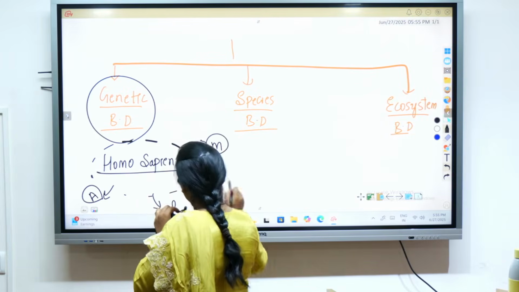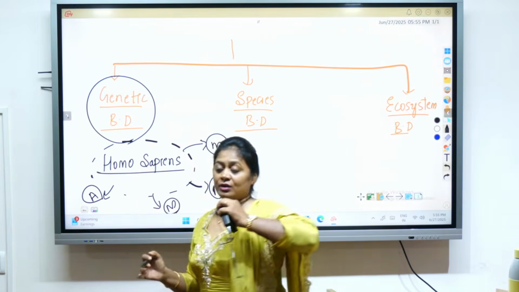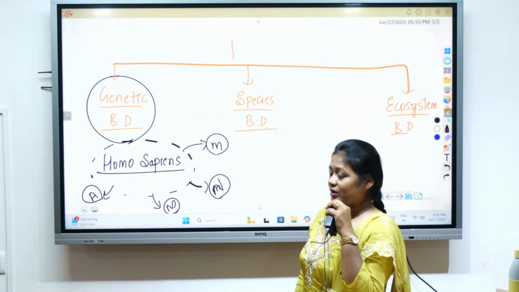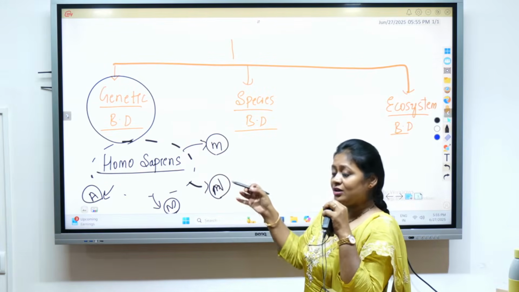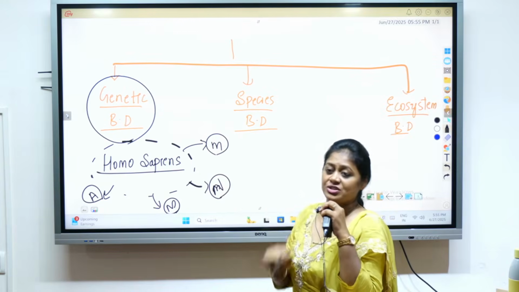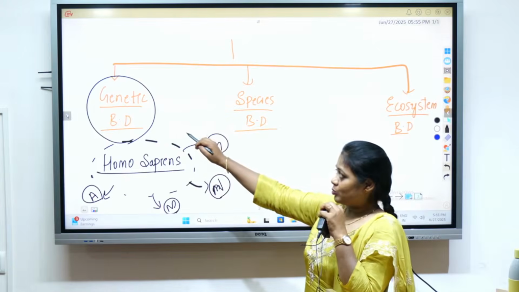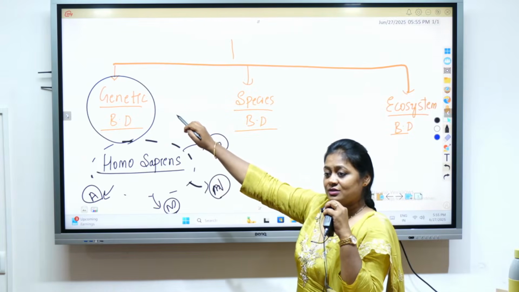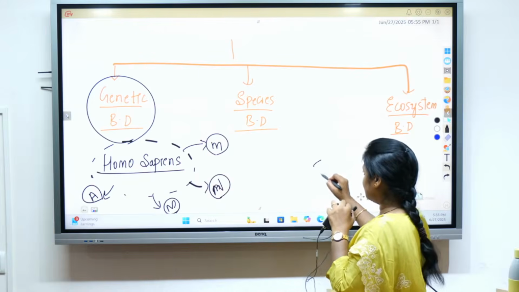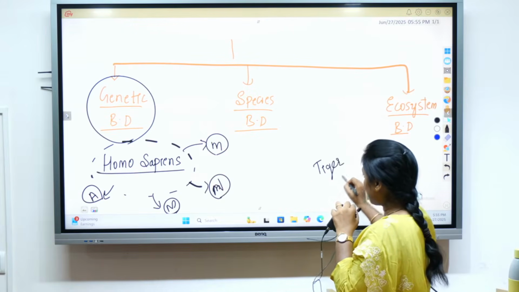So we have that genetic variability. Okay. So if we find different genetic variability in single species, then that could be referred as genetic biodiversity.